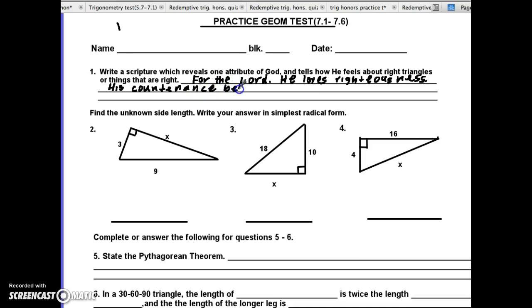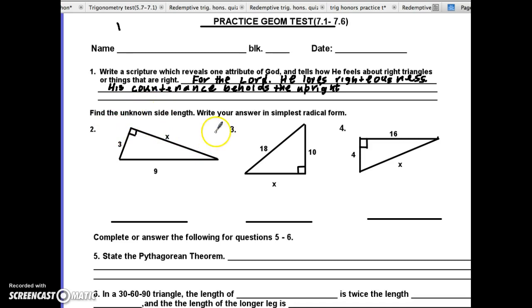Notice a change in this word beholds instead of what I was saying before, upon. It should be beholds the upright. So I'm confident that everything that is right that we study, his eyes are upon those things, because that's very much like what he is.